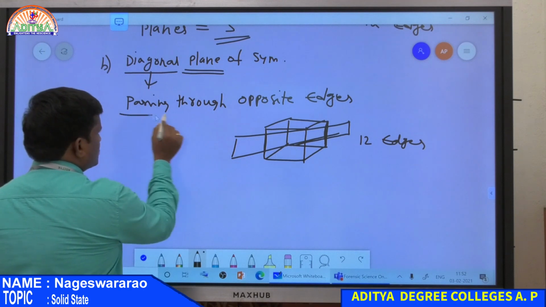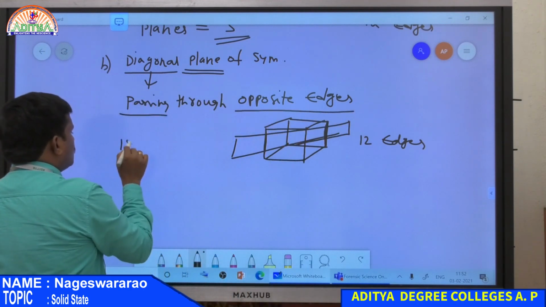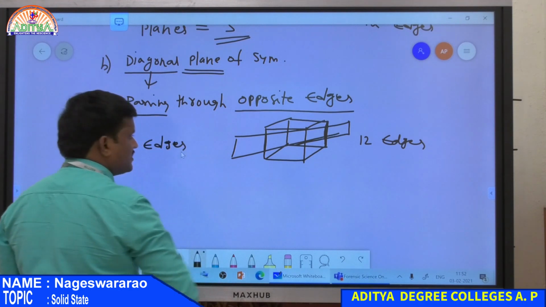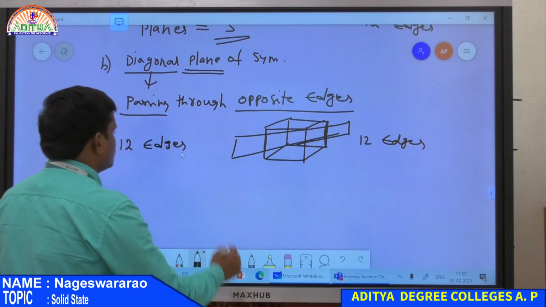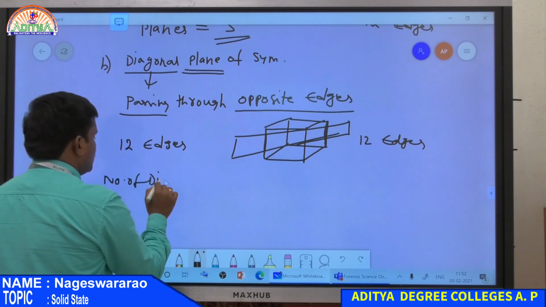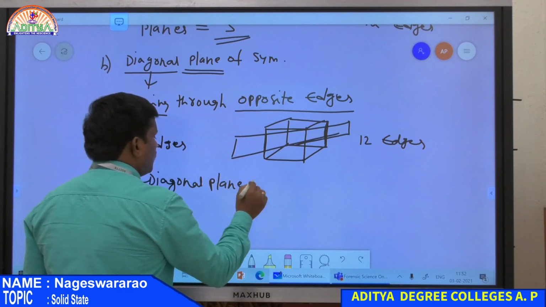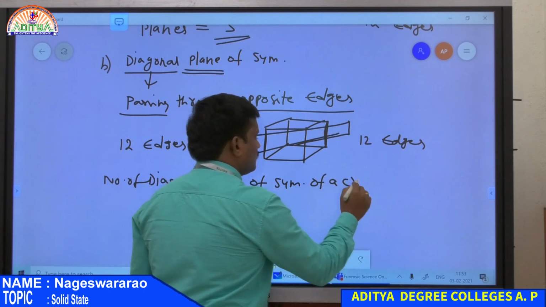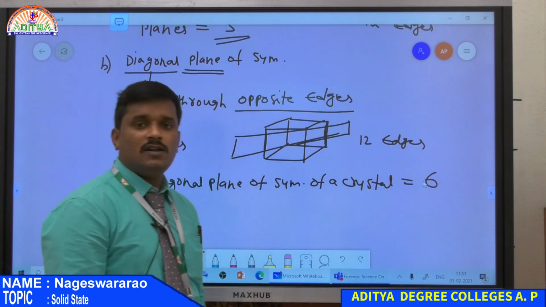So it is passing through opposite edges, but there are 12 edges. There are 12 edges in a cube. Therefore how many diagonal planes are there? So there are 6. Therefore the number of diagonal planes of symmetry for a crystal is equal to 6, because there are 12 edges.